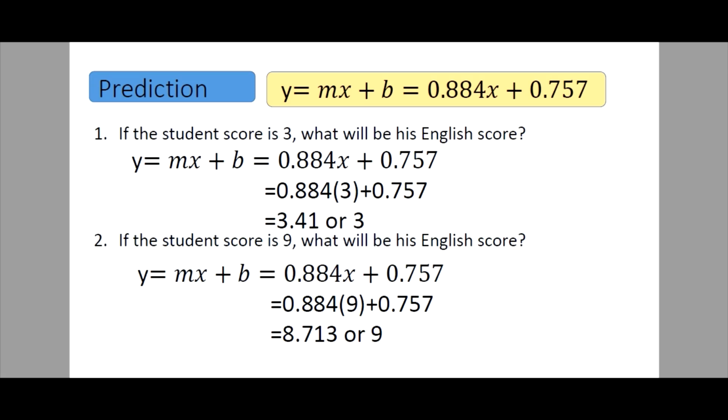Number 2, if the student's score is 9, then using again this equation, his score in English will be 9. Again, this regression line will help us predict the value of the other variable.